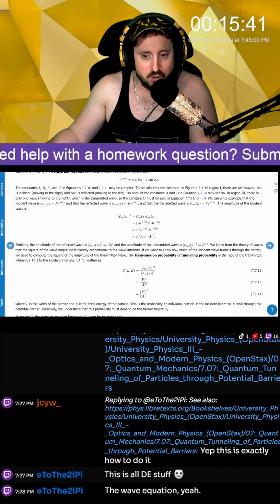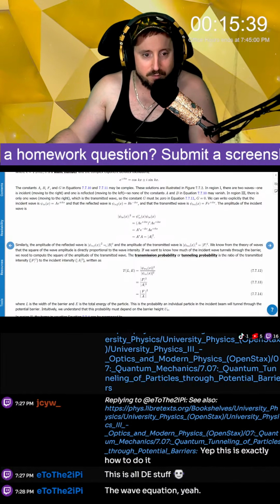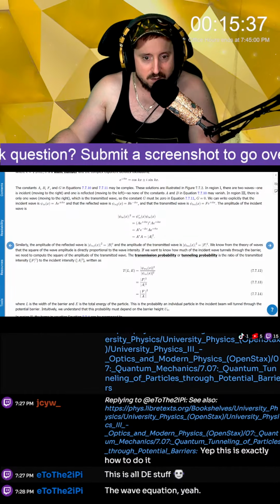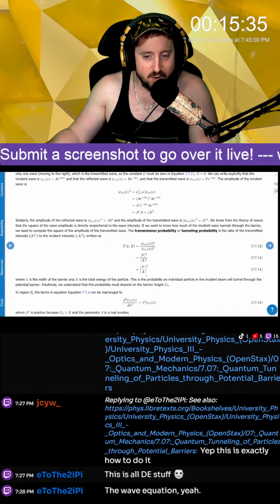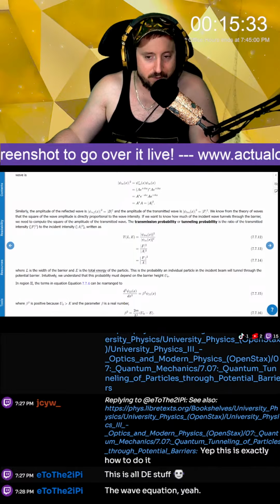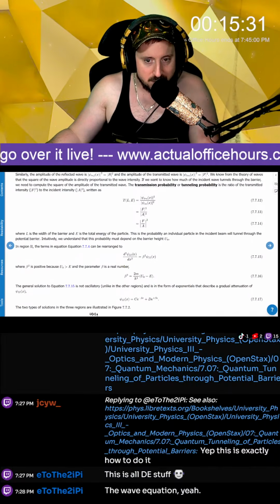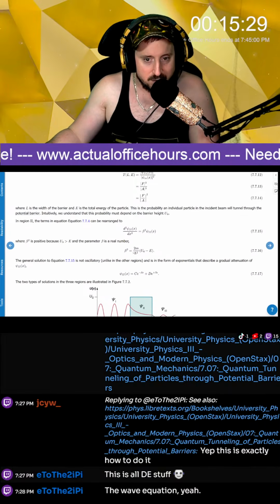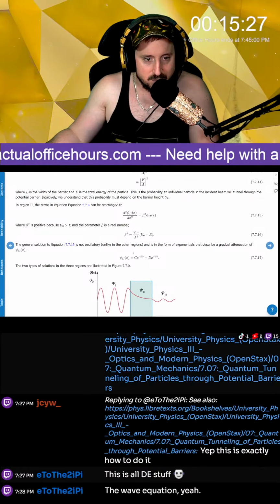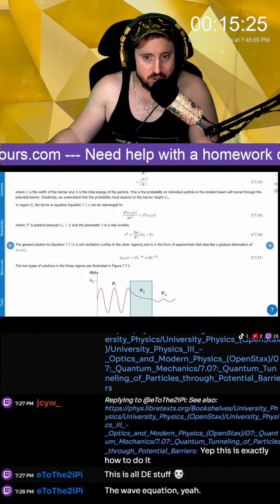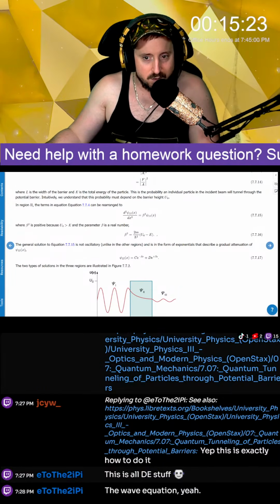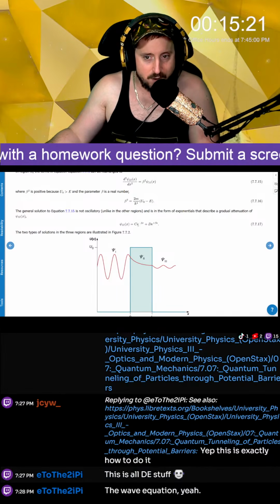Right, and they call the amplitude of the transmitted F, the reflected is B, and A is incident. So the transmission is F over A. Okay, fine. And then in region 2, you get this, right? So now these don't have i's on them.